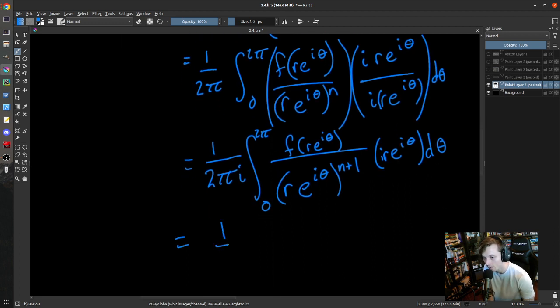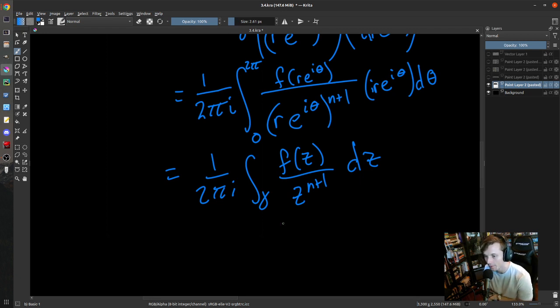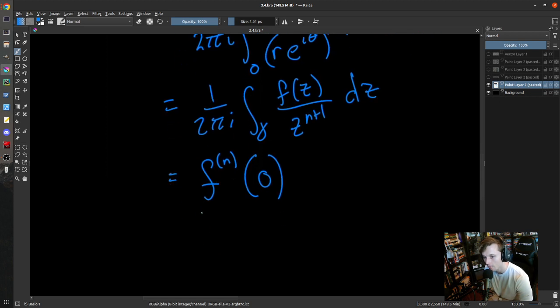All right, so I get 1 over 2 pi i integral about gamma of f of z over z to the n plus 1 dz. Everyone follow that step? Yeah, probably. Good. Okay, and notice by Cauchy's integral formula, this is just the nth derivative of f at 0 all over n factorial.